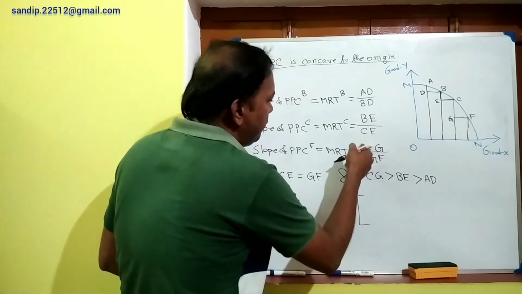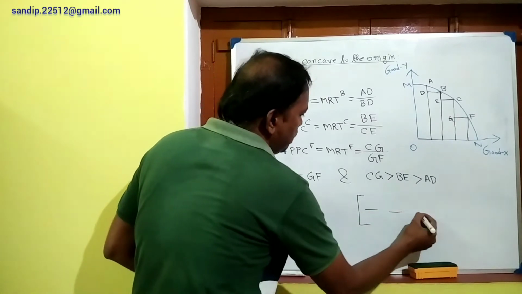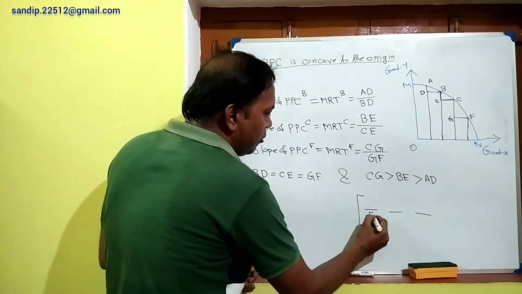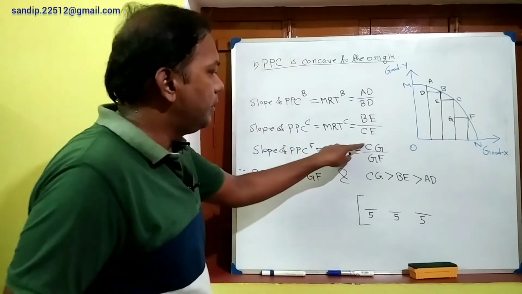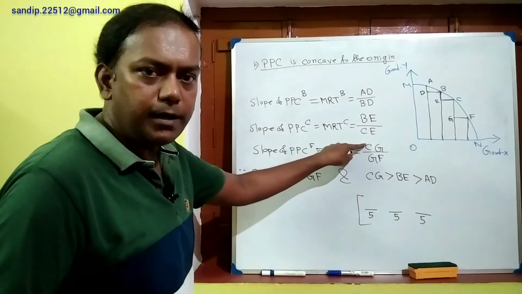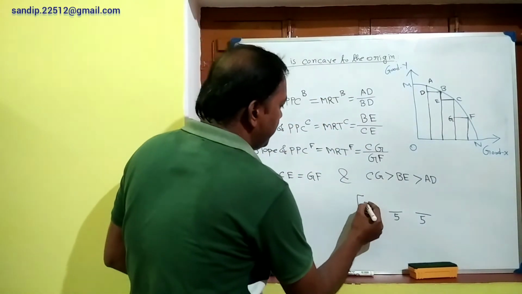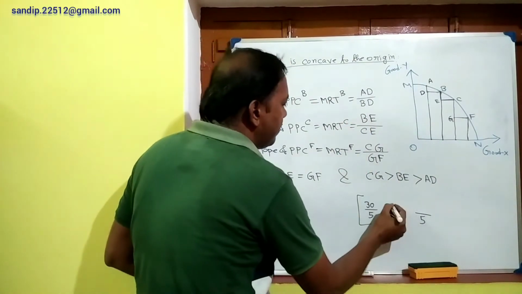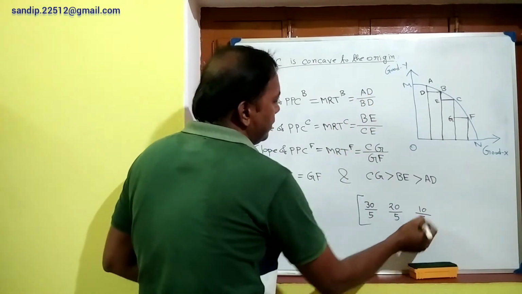Simply, I am just taking one example. Suppose for all three ratios the denominator is 5. Here CG, the numerator, is greater than BE and AD. Let me take it as 30, BE as 20 and AD as 10.